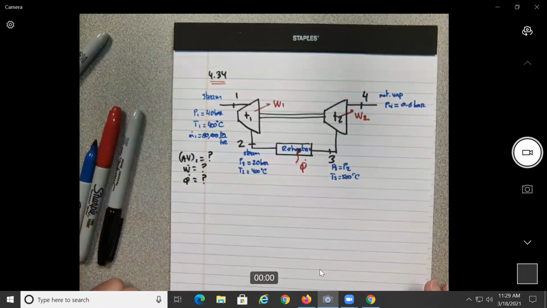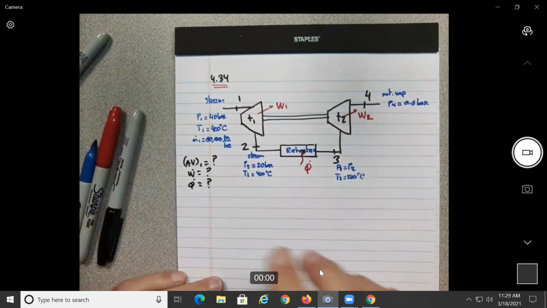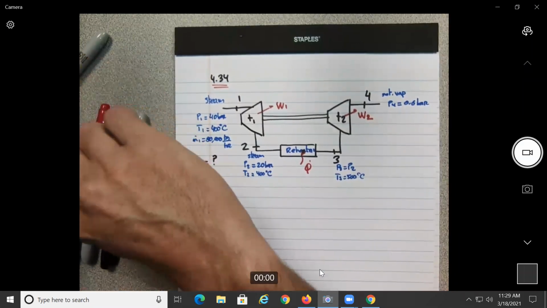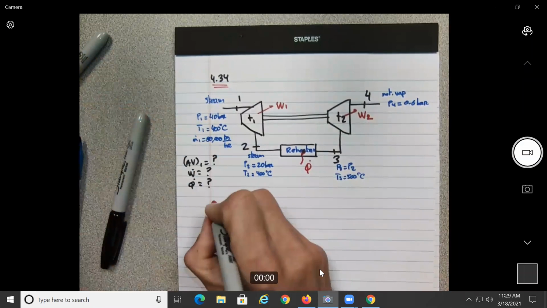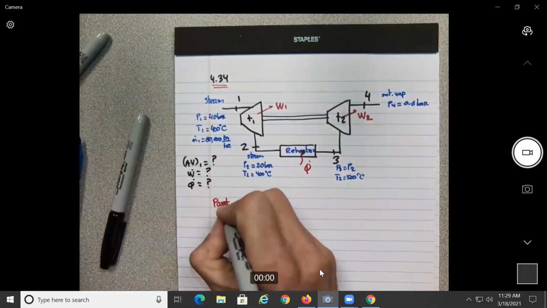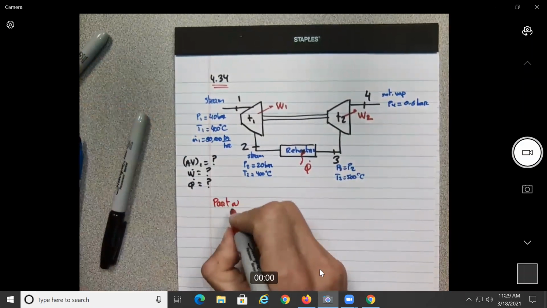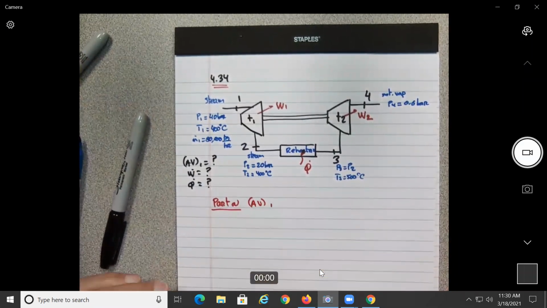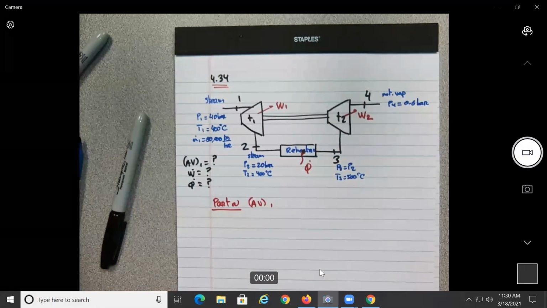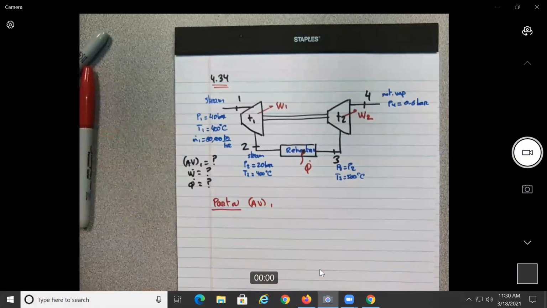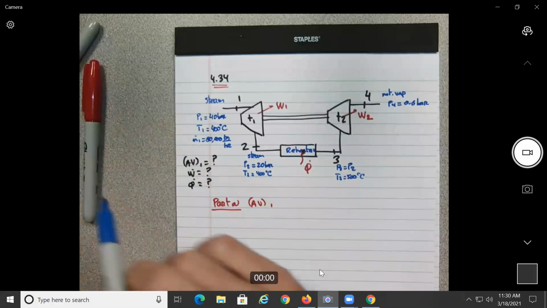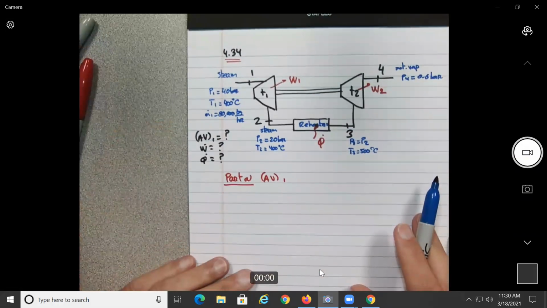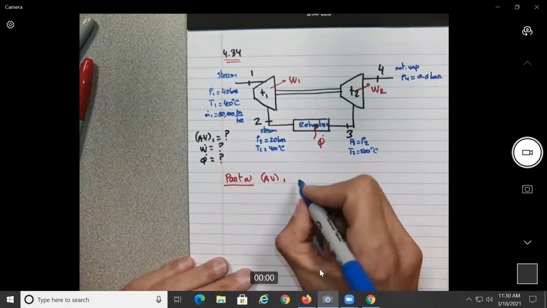Okay, so over here, first thing we're going to do is part 1, or part A, as they call it here. We're going to determine the volumetric flow rate at 1. I want to use the blue because it's new, the black is a bit old. So what is the definition of the mass flow?